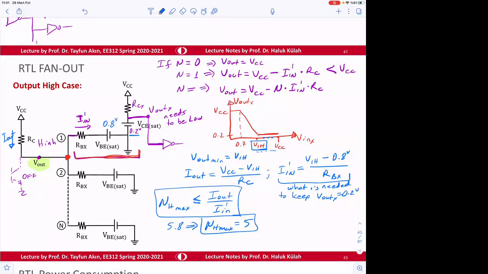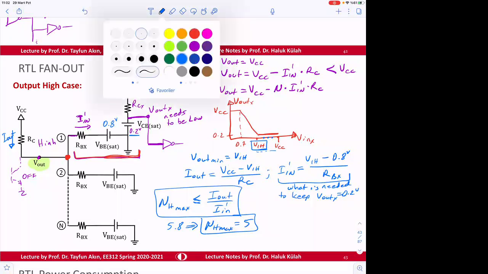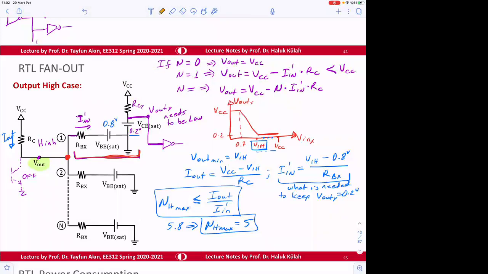Yes. Okay. So one thing is that sometimes we give this criterion a little bit differently. If nothing is defined, V out min is V input high.